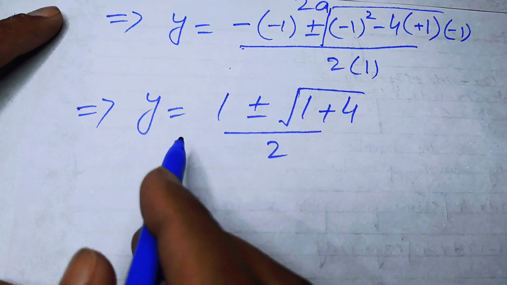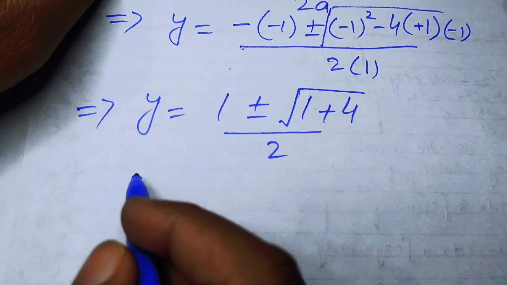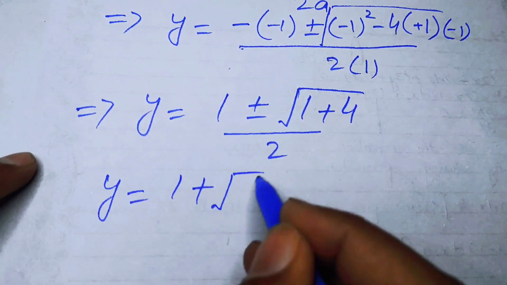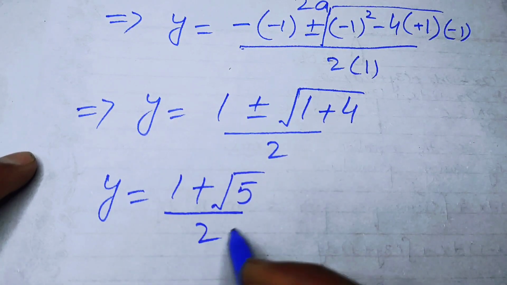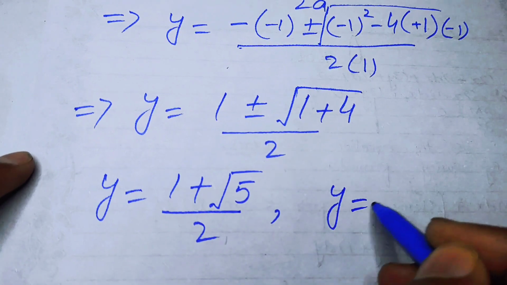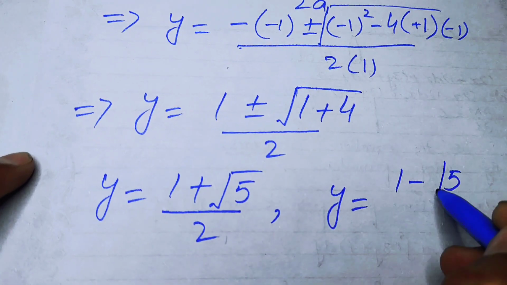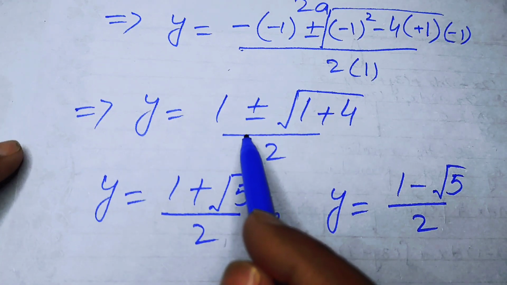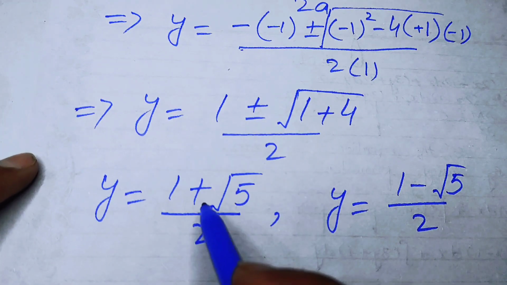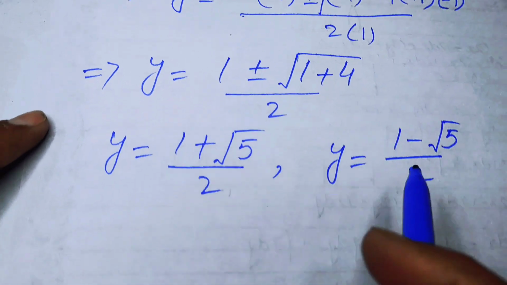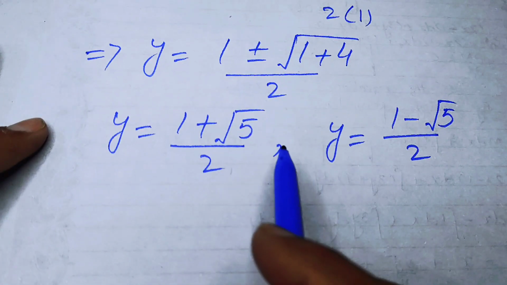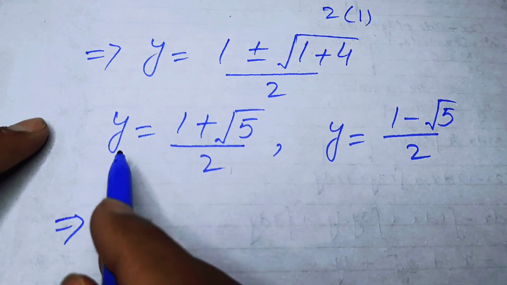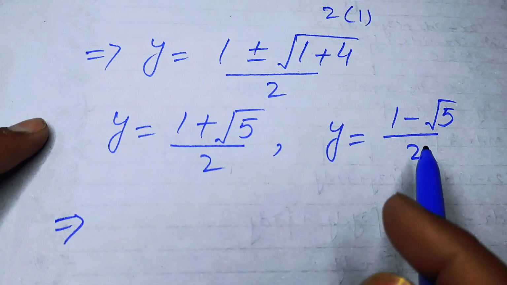And after that we have y is equal to 1 plus square root of 5 over 2, and y is equal to 1 minus square root of 5 over 2. Here we have two possibilities. The first is positive and the second is negative. Okay, so I can just write separately both of the terms, and here you get y is equal to this one, and y is equal to 1 minus square root 5 over 2.